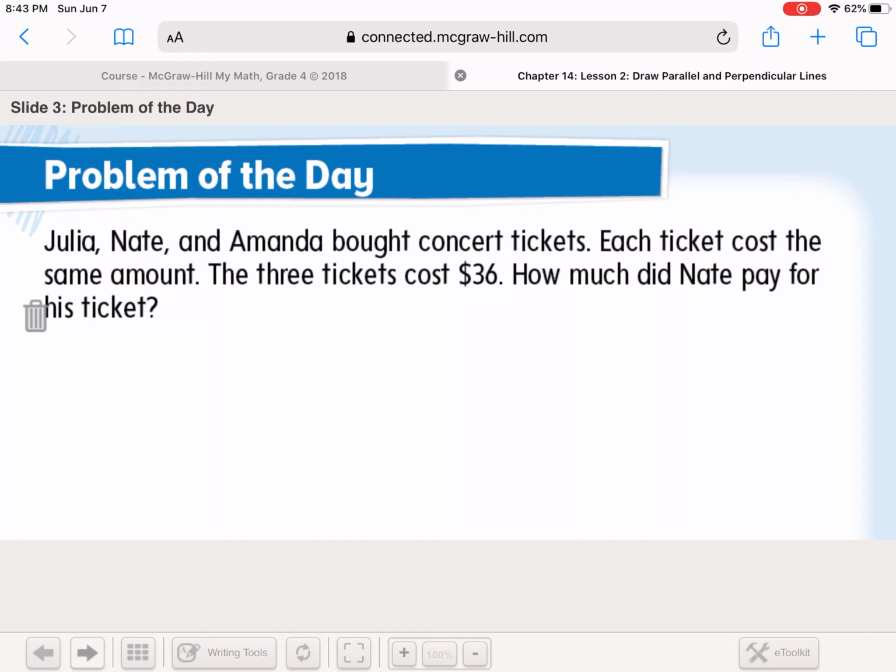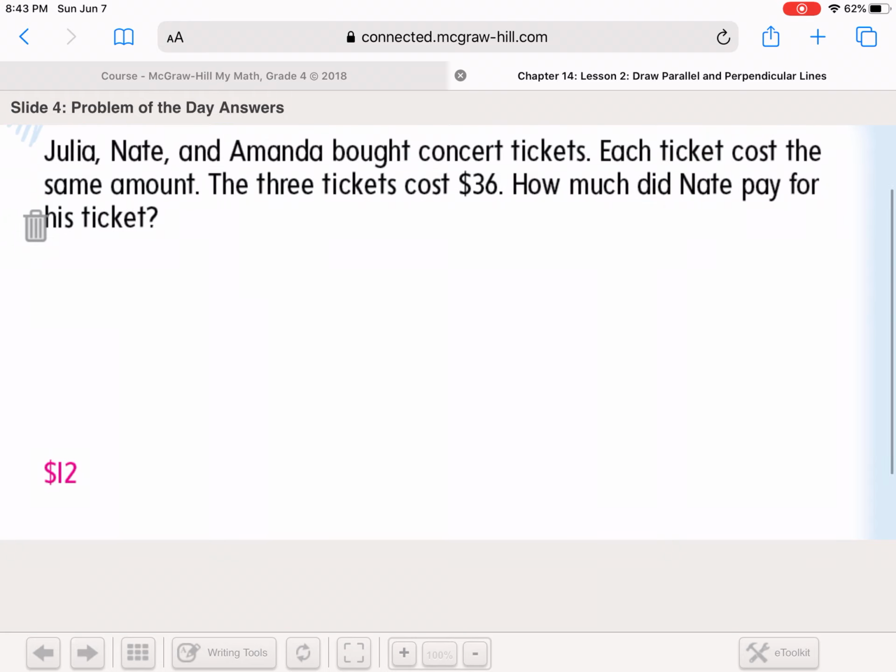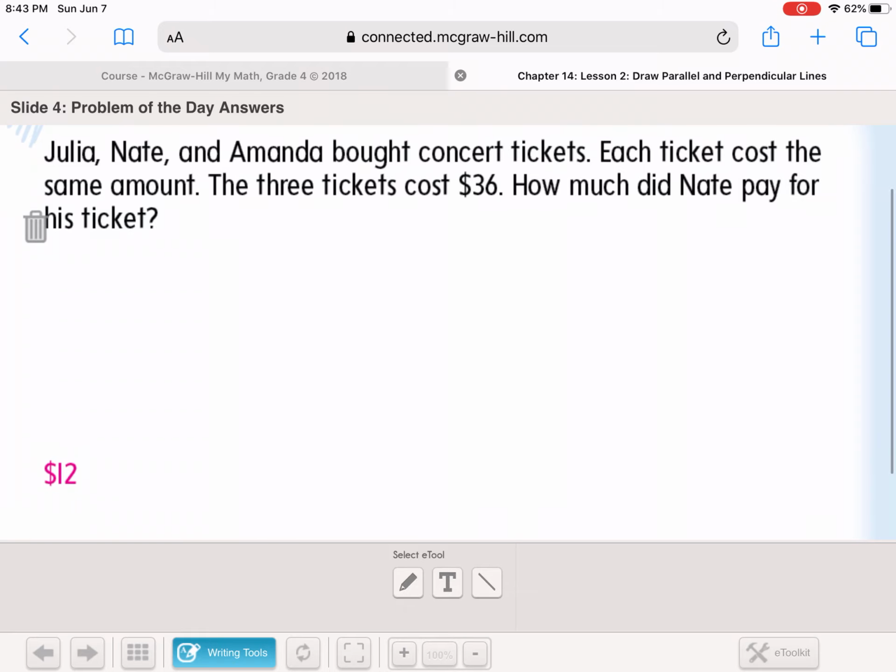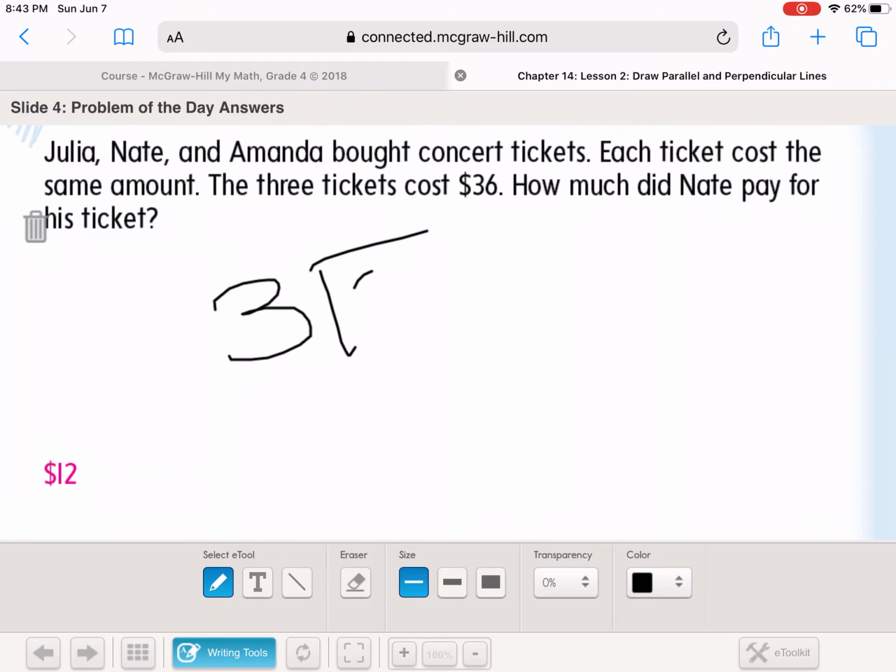Julie, Nate, and Amanda bought concert tickets. Each ticket cost the same amount. 3 tickets cost $36. How much did Nate pay for his ticket? Well, 36 divided by 3 we know would be 12. 3 goes into 36 12 times.